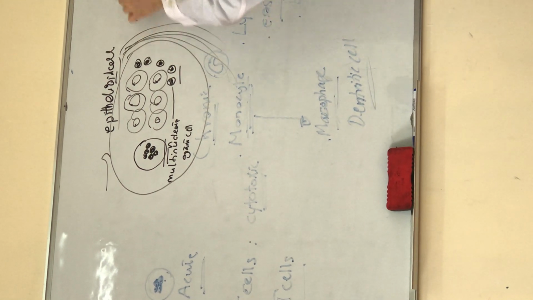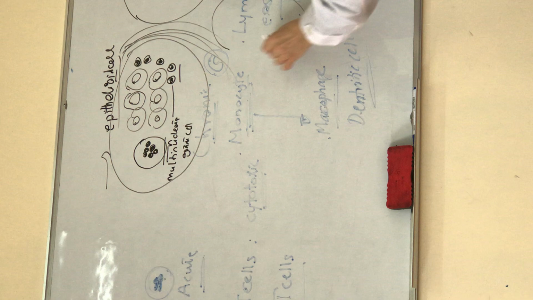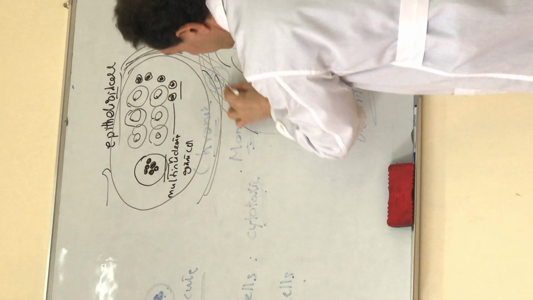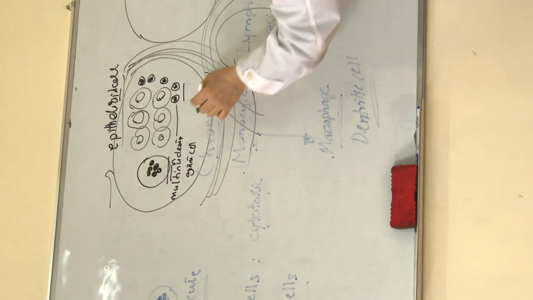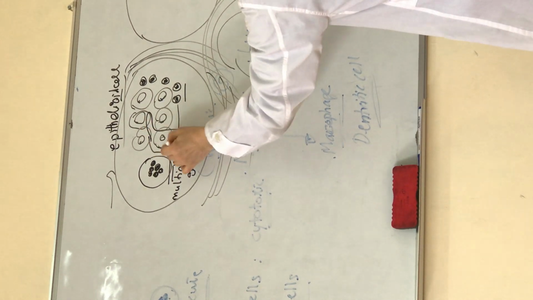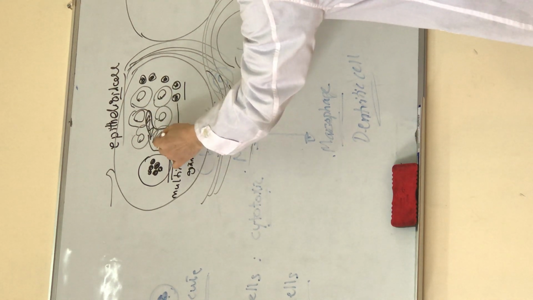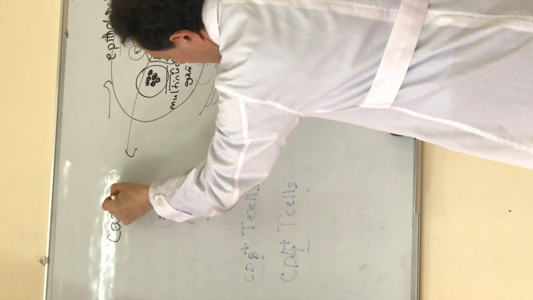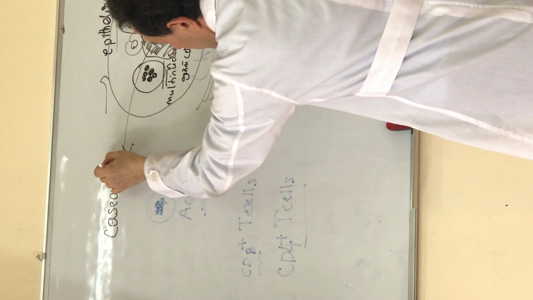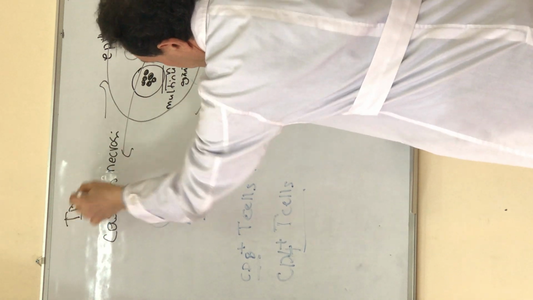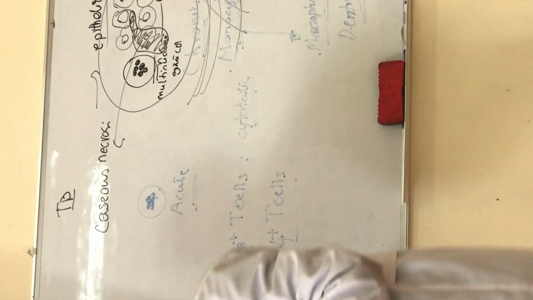So there can be multiple granuloma separated by collagen fibrils, and if they have necrosis, so their central part may have necrosis, which the type of necrosis is caseous necrosis in tuberculosis and some other fungal diseases.